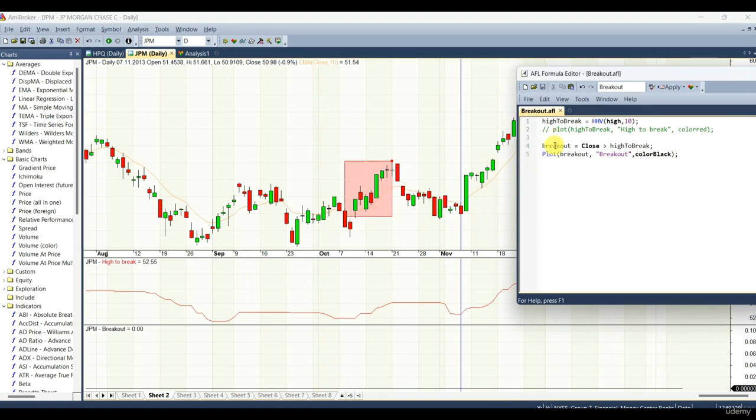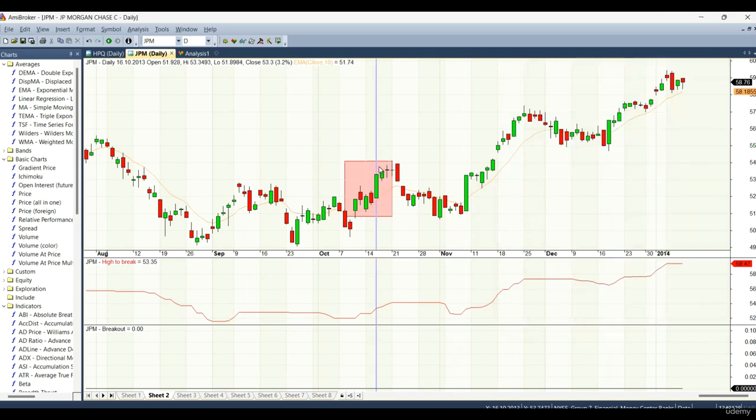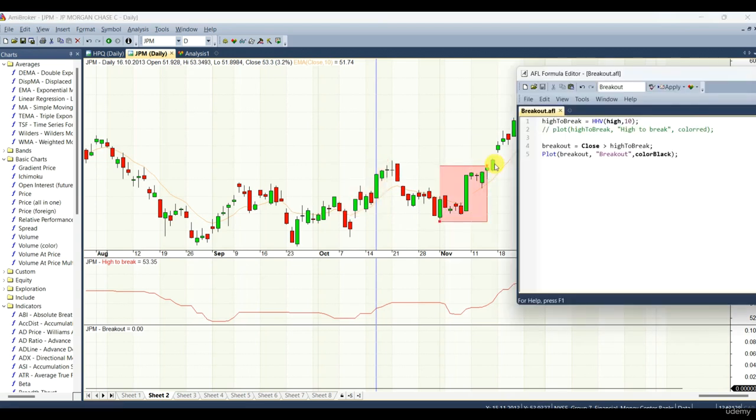What we have to do is shift this box one bar back. For the breaking bar, it means we shift it here. And that is done like this.